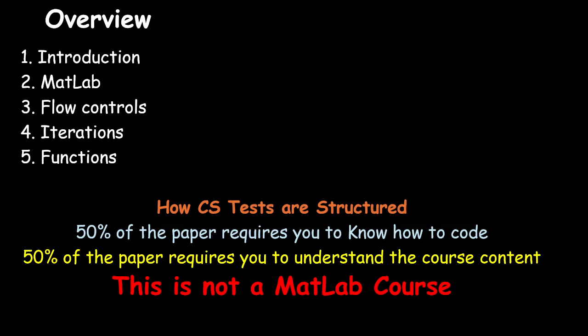The last thing that I want you to understand is that this is not a MATLAB course. What we want you to understand under CS211 is computational thinking, how you can use scientific methods to build software that solves a given problem.